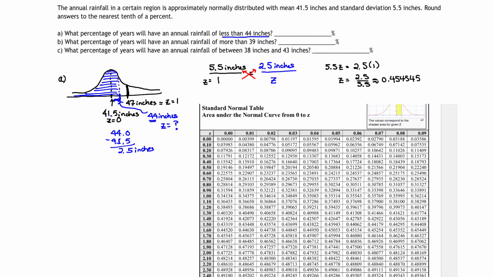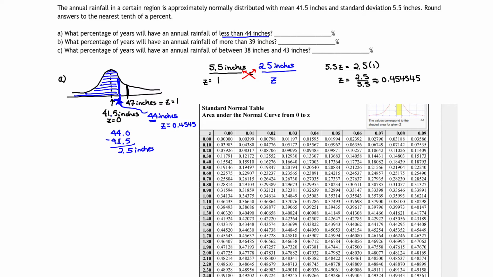All right. Okay, so now I'm in good shape. Why am I in good shape? Because I now have a z value corresponding to 44 inches. That z value is approximately 0.4545, etc. And once I have my z value, now I can use my table of values to get the area under the normal curve. So here we go.